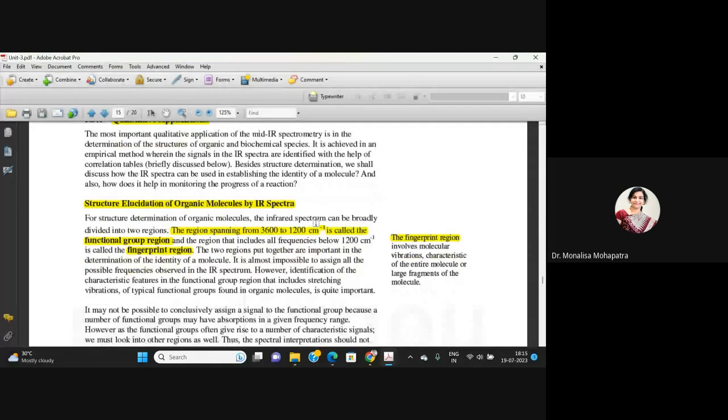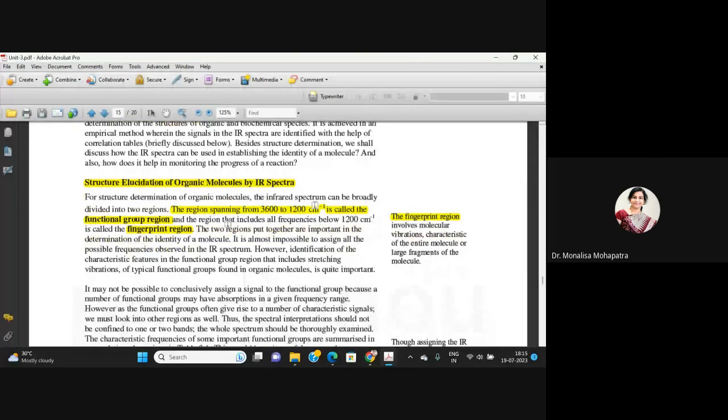However, while studying your PG, or whoever is in UG, they will be studying in the classes that structural elucidation is very important for IR spectroscopy. I'll give you a general idea about how you do the structural elucidation.